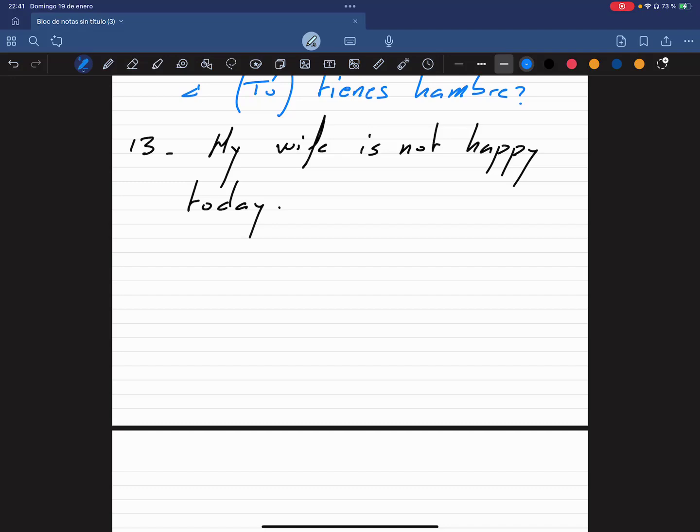We use the verb estar, right? So my wife, how do we say wife? Woman and wife is the same word in Spanish. So you can say mi mujer. If you were thinking about esposa, that's more formal, but you can also say that. Mi esposa.